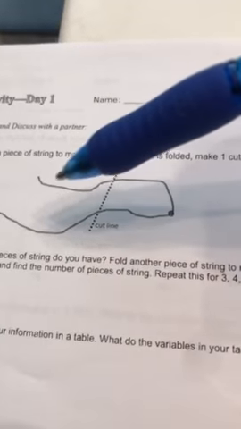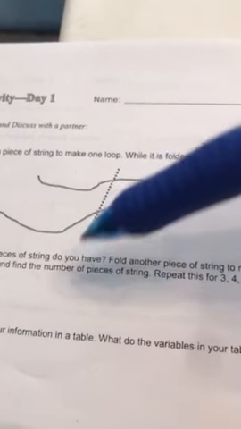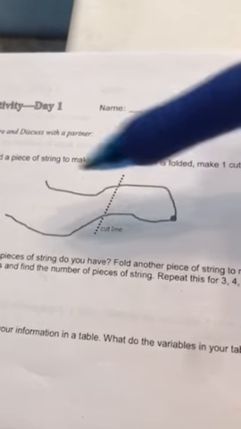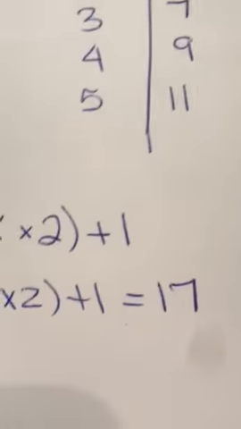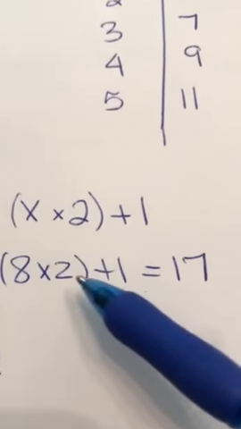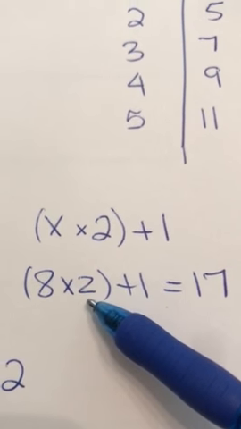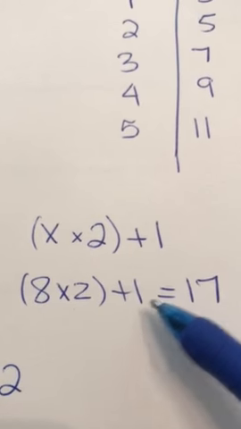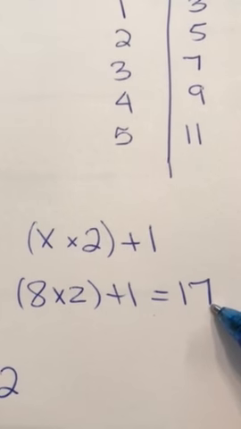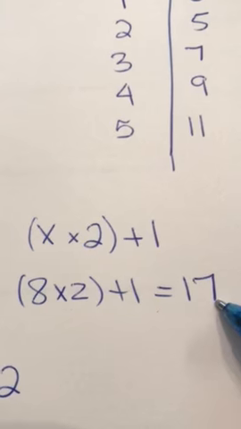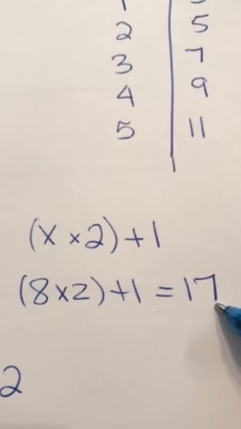You're always including this original piece of string when you make your cut. That's a part of the count. Okay, that's where that plus 1 is coming in. So if I wanted to do 8 cuts, then I can figure out that 8 times 2 plus the original string, I would have 17 pieces of string. Okay, and again, this is for C.